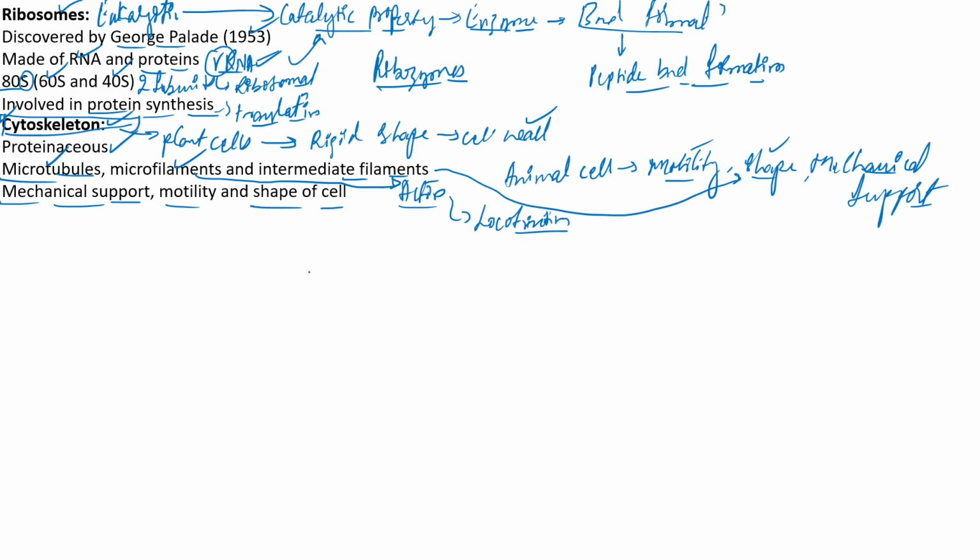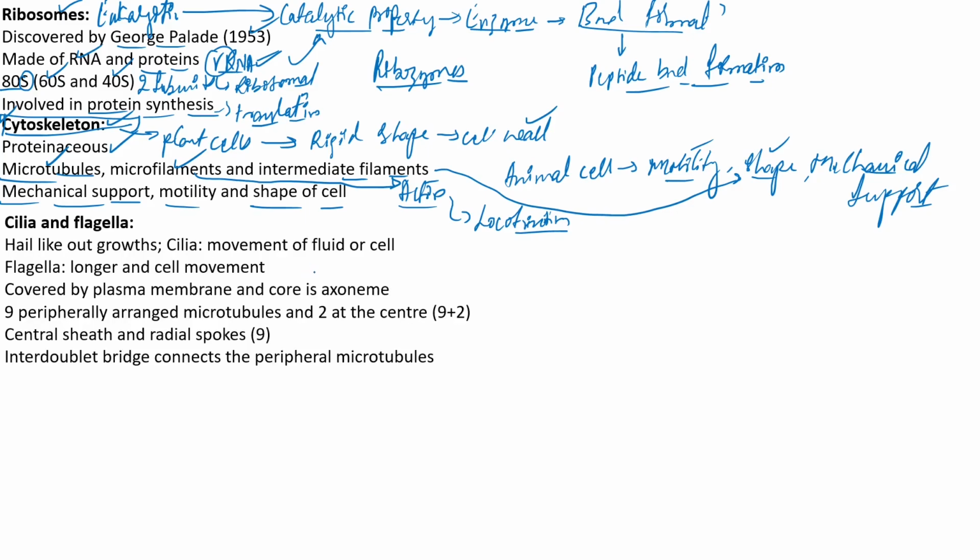Let us look at the next concept, that is the cilia and flagella. Right, so we have studied flagella in the prokaryote part, and as we all know, flagella in the case of bacteria are mainly involved in locomotion. Okay, in the case of unicellular eukaryotes, flagella and cilia are involved in locomotion too.